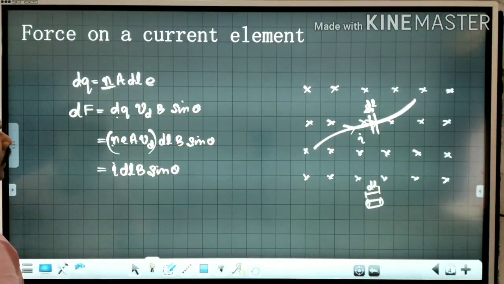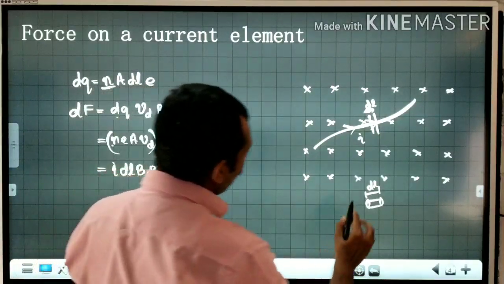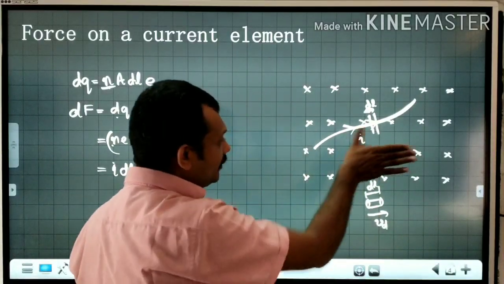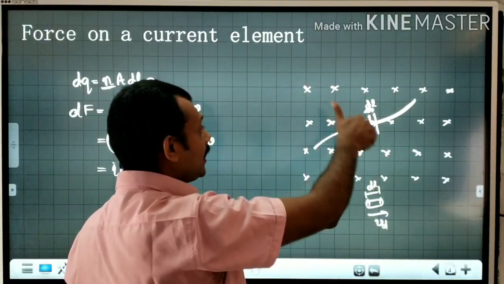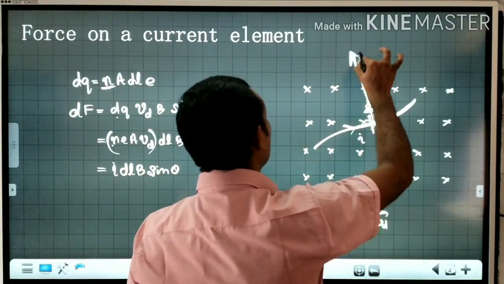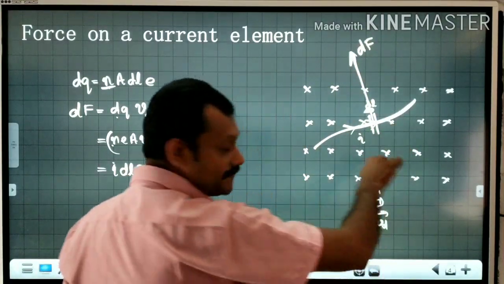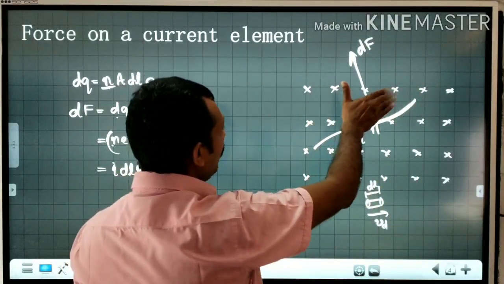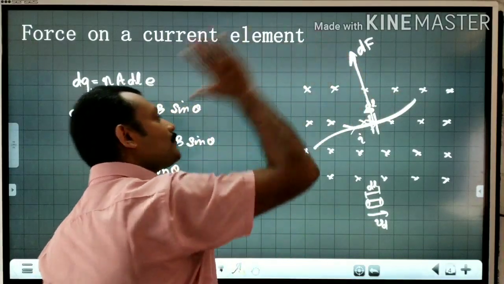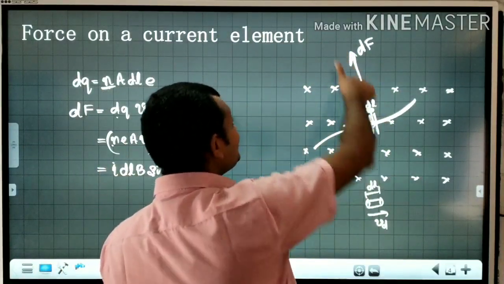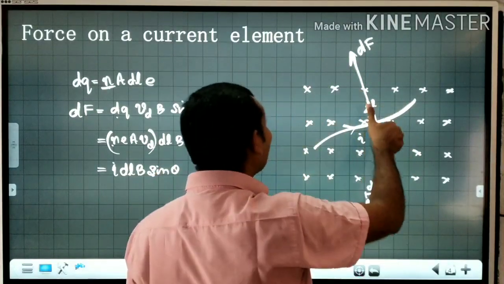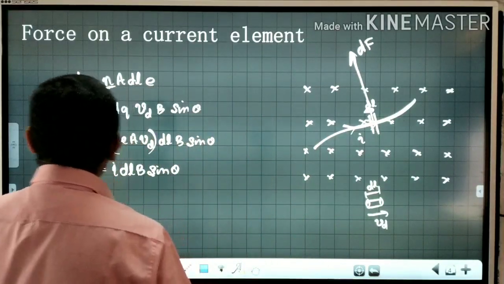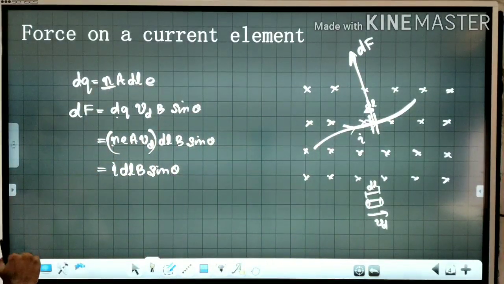Now let us look at the direction of the force. Here the charge velocity Vd is in this direction, and the magnetic field is into the board. So Vd cross B means the magnetic force experienced by this element is upwards. Drift speed is in the direction of the electric current or electric field. So dF on this conductor is upwards. dF is equal to I dl B sin theta.